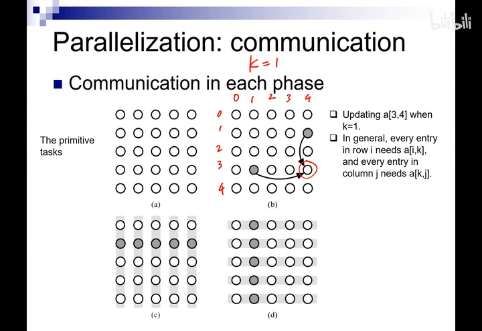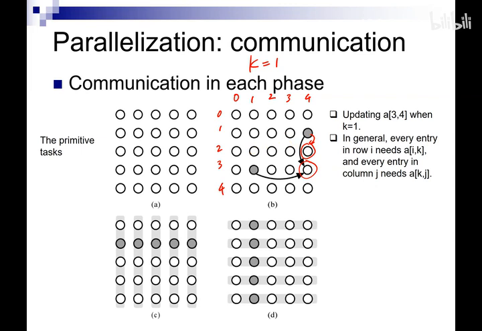Now, likewise, if you take any other node on this same column, it's again going to need A14. However, it's going to need a different value from the row side, A21.